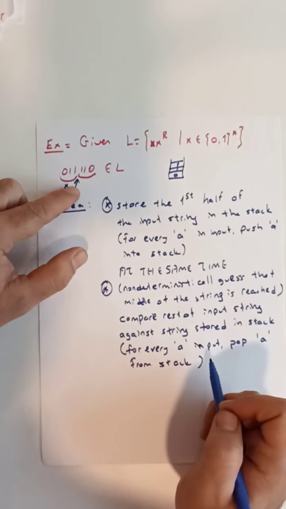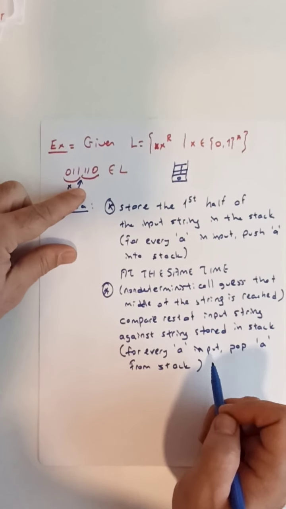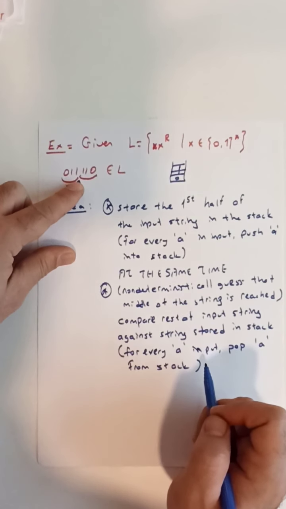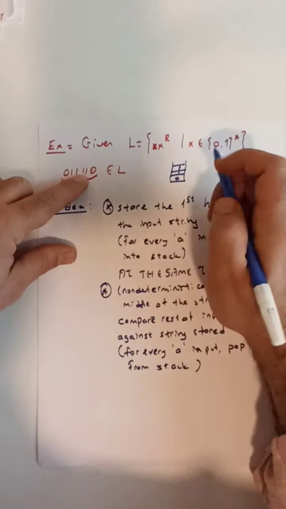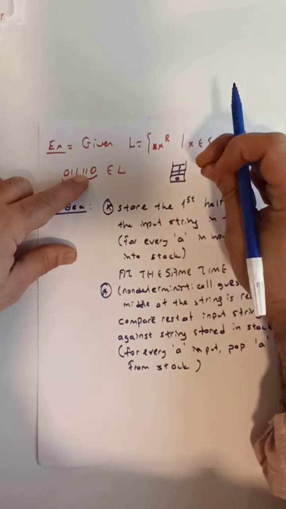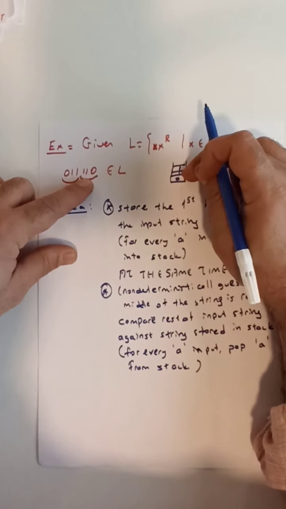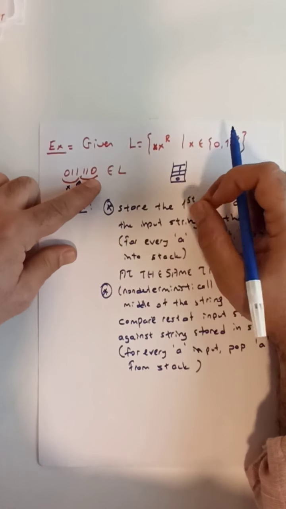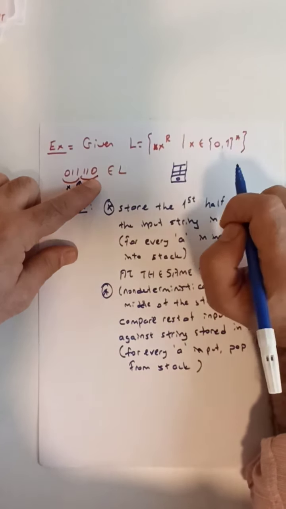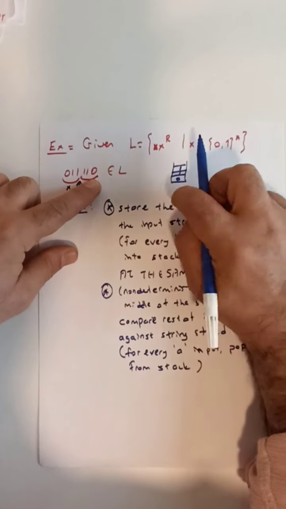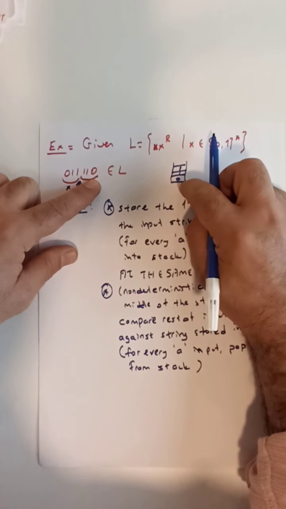So if our machine has guessed that this is the middle of the string, if it reads a 1, it tries to pop or remove a 1 from the stack. If it reads another 1, it tries to pop another 1. If it reads a 0, it will try to pop yet another 0 from the stack, and at the end the stack will be empty.